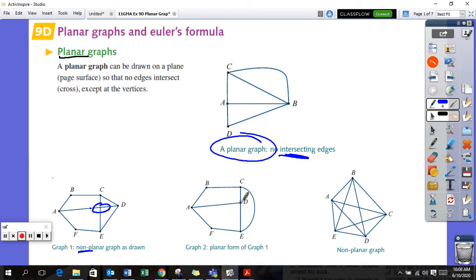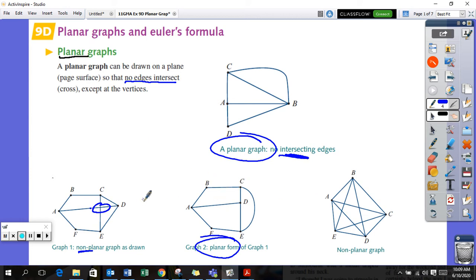It goes from A to D, and then C to E goes around the outside, and so it is actually a planar graph. So these are the same graph. This one is just drawn so it looks like a non-planar graph, but here we can show that it's a planar graph with none of the edges intersecting. So that's basically the rule for a planar graph: none of the edges intersect.